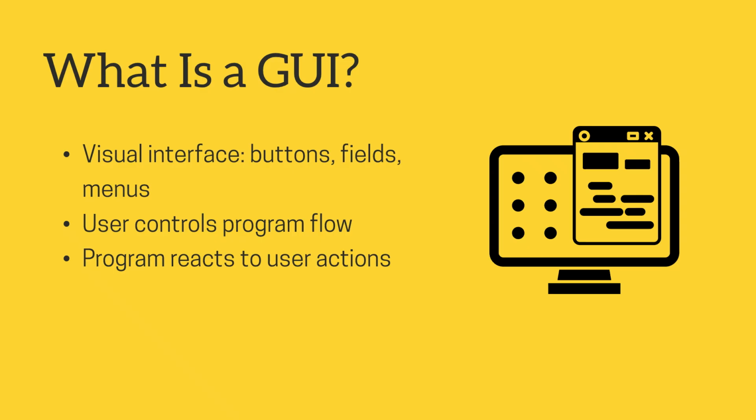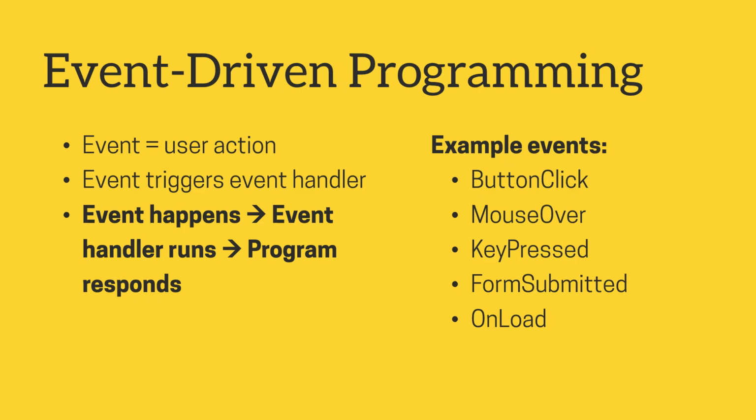And this leads us straight into event-driven programming. When we talk about event-driven programming, this means that your program reacts to events. These are things that the user does. So an event is any action like clicking a button, hovering a mouse, typing in a box, submitting a form, selecting a menu item, and even when, say, a timer finishes.